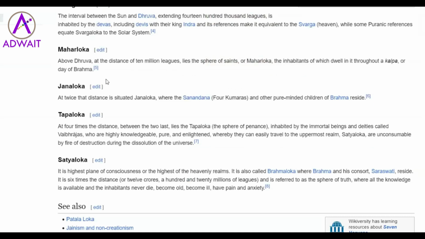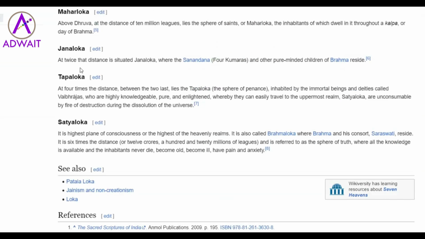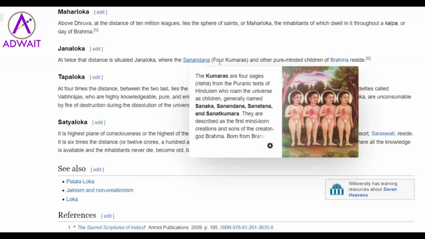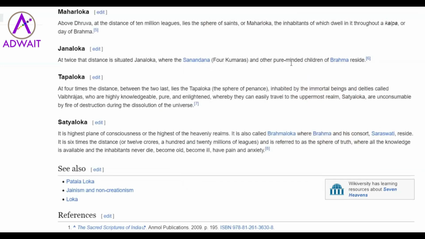Maharloka. Heart is Maharloka, heart center. Heart center is Maharloka, above Dhruv. Janaloka. At twice that distance is situated Janaloka, where the Sanandana Kumaras live, other pure-minded children of Brahma. Tapaloka. Tapaloka is the third eye center. Janaloka is throat center. Tapaloka is third eye center.